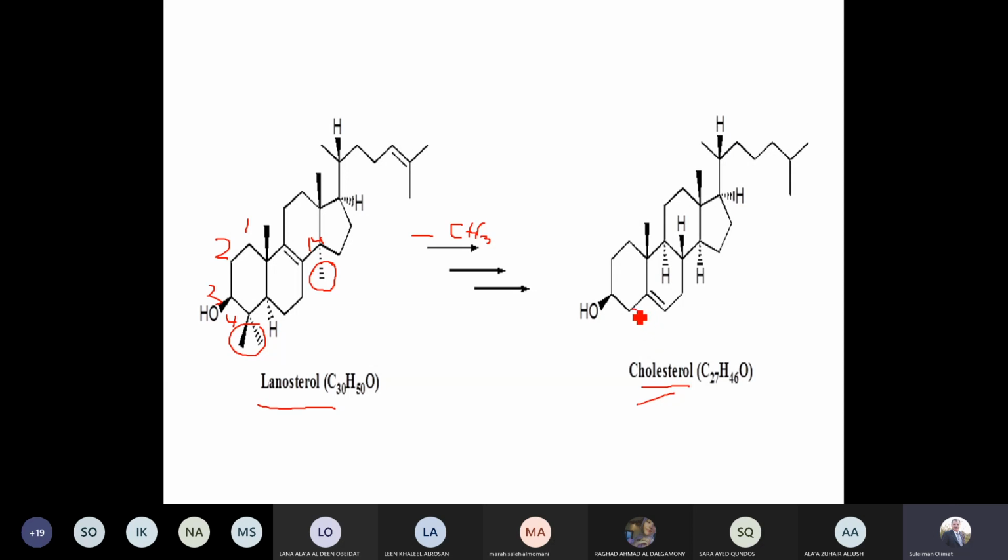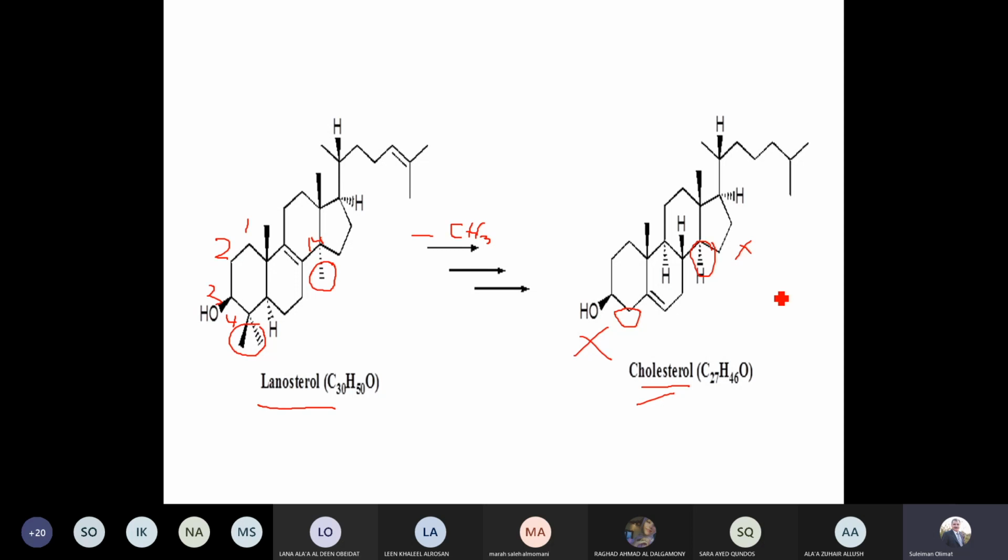If we look at carbon number 4 here, we don't see any methyl group. If we look at carbon number 14 here, also we don't have any methyl group. So the steroid, steroidal saponin, or steroid in general, from the biosynthetic pathway is derived from the triterpenoid squalene.